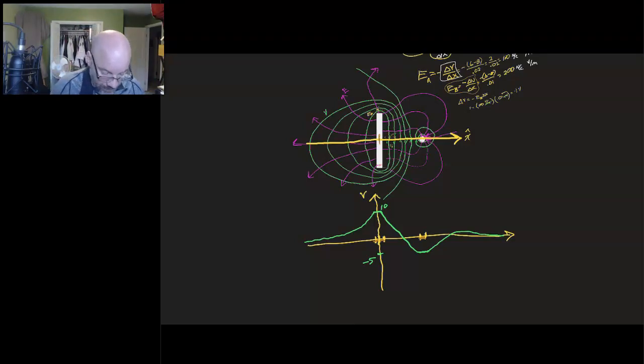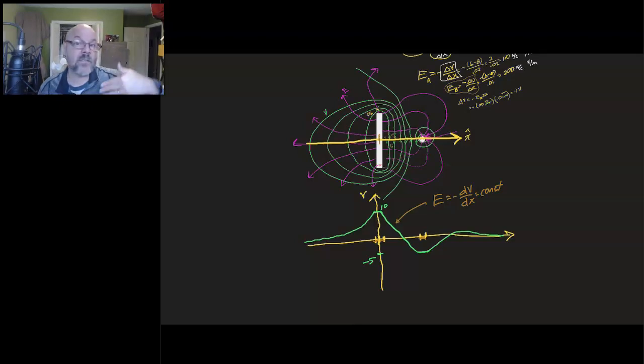So if we think about now finding the electric field, in this region here the electric field is minus dV/dx. You can see that that's constant in that particular region. That's going to be a constant value. Even though the slope is negative, remember it's minus the slope.